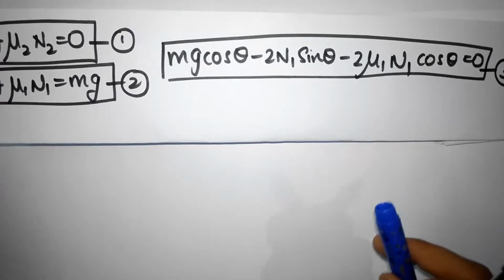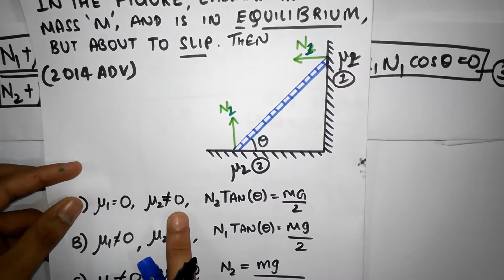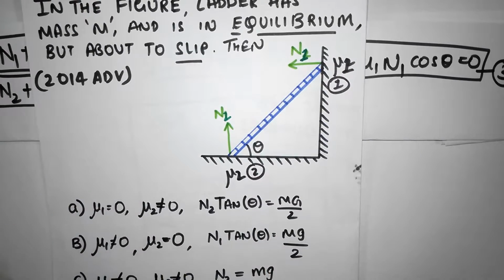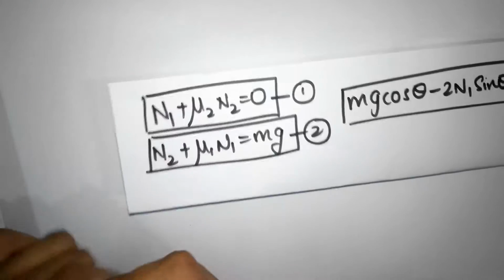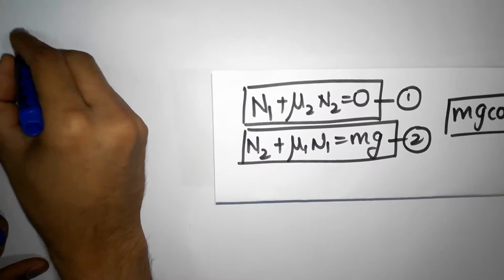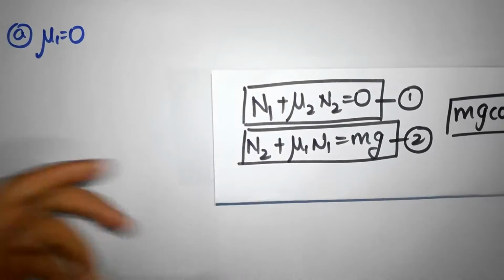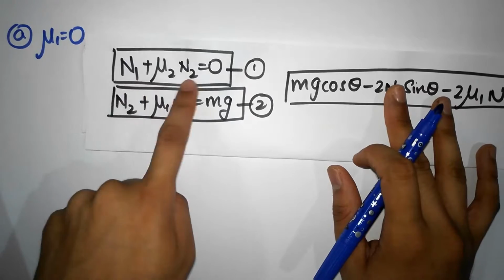Let's look at our first condition. Our first condition is mu1 equals 0 and mu2 not equal to 0. And we have to check whether this is true. So let's put mu1 equal to 0 in the first case. If you put mu1 equals 0, nothing interesting happens over here.